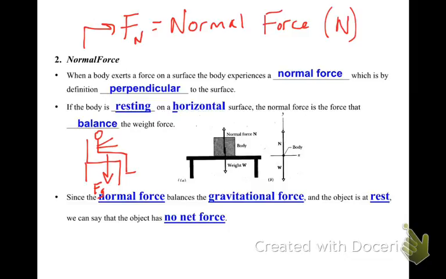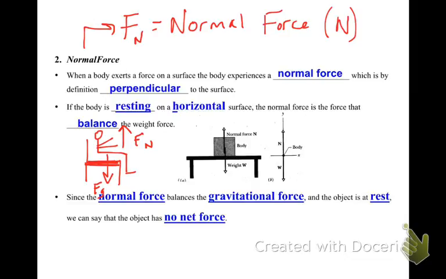And your normal force is going to be perpendicular to the surface with which you are sitting. So your normal force is going to point up. If that normal force were not there, you would fall straight through your chair every single time. You wouldn't have anything opposing your force of gravity. So that's why we experience a normal force every time a body is resting on a surface.